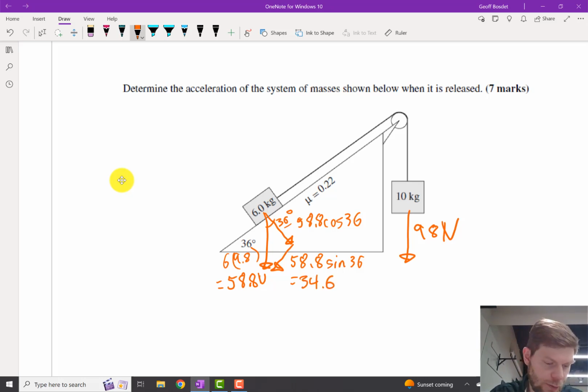And we got 58.8 times cos 36, which is 47.6. So a lot of numbers, but our key ones are this guy, which is our F parallel, this guy, which is our F perpendicular, and you can probably figure out what that is.